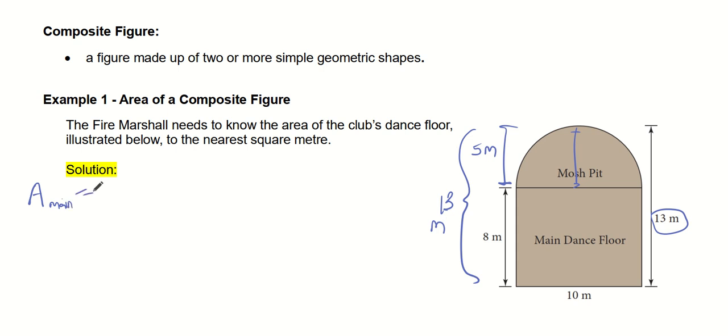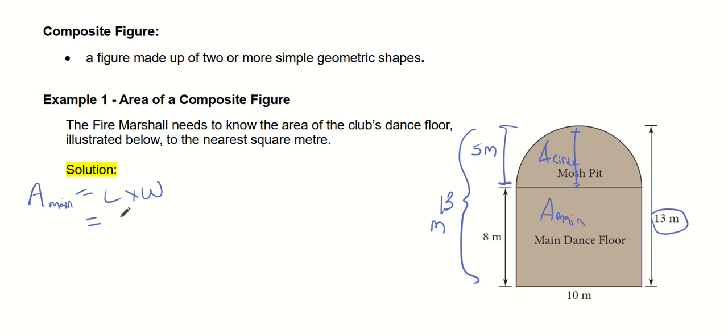So the area of the main is basically length times width, and you can take either length or width, it doesn't matter which one. So we're just looking at this area here. This is the area of the main, and this will be the area of the circle, or half the circle in this case. So it's basically half the circle.